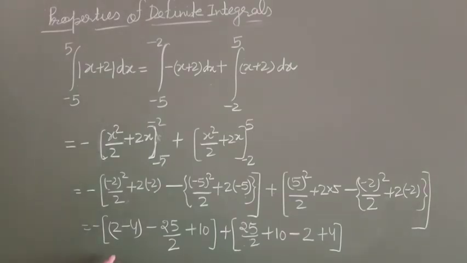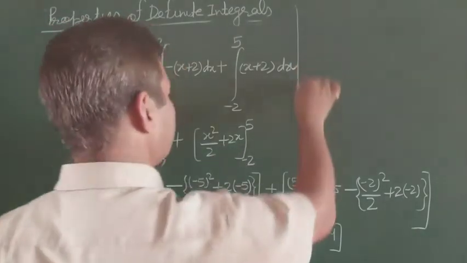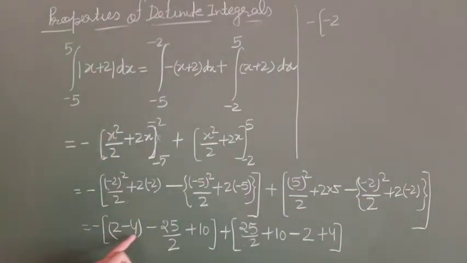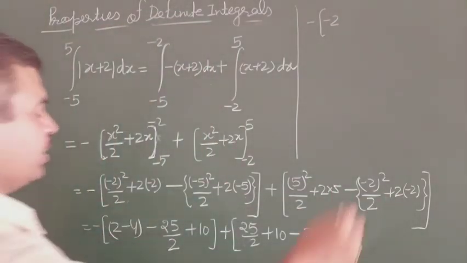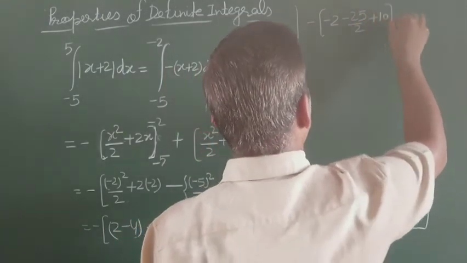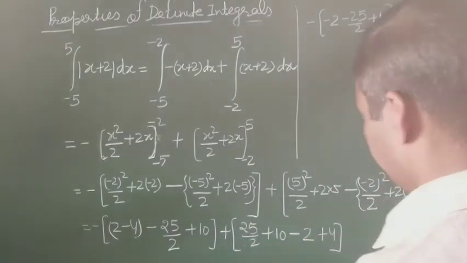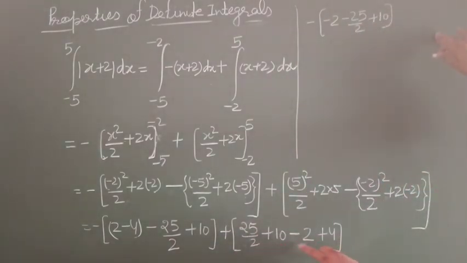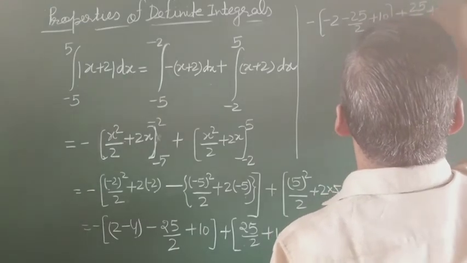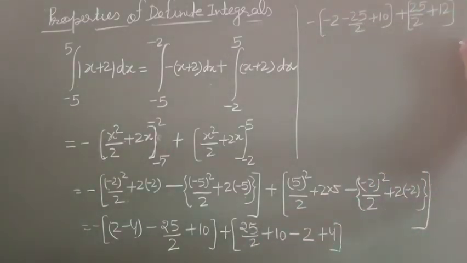Now students, let us calculate. Minus 2 minus 25 upon 2 plus 10. This side 10, 4, 14. 14 minus 2, 12. Plus 25 upon 2 plus 12. Correct?